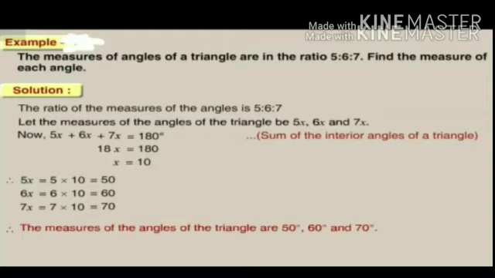Therefore 5x plus 6x plus 7x is equal to 180 degree, which gives 18x is equal to 180 degree. Therefore x is equal to 10. Now after substituting the value of x, in 5x we get 50, in 6x we get 60, and in 7x we get 70. Therefore we can say that the measures of the angles of the triangle are 50 degree, 60 degree and 70 degree.